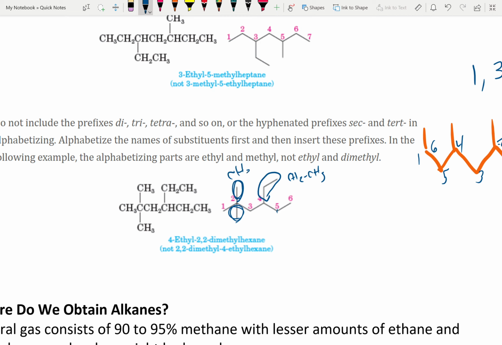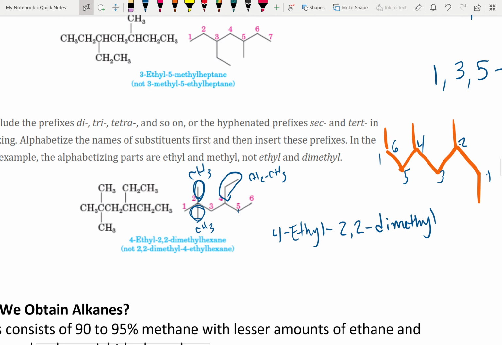And these are just the CH3. So we name these 4-ethyl, and then we have our 2 CH3s, so we have 2 and 2, so that would be 2, 2, and remember that's 2, so that's dimethyl, and then we have our long carbon chain, which is 6 carbons, and that is hexane.